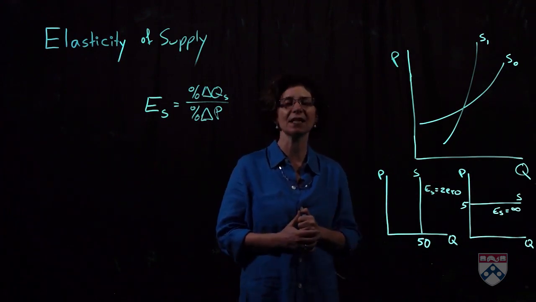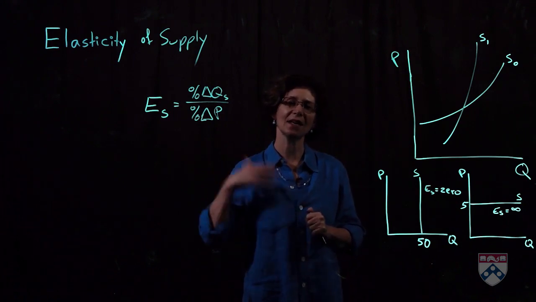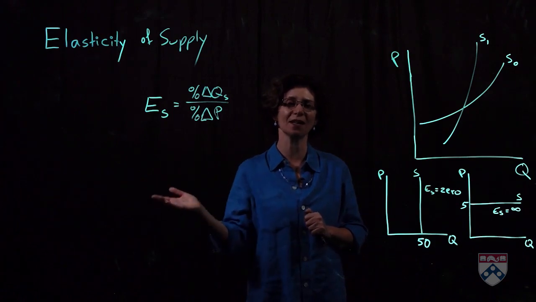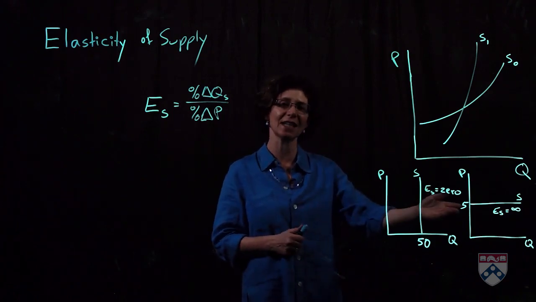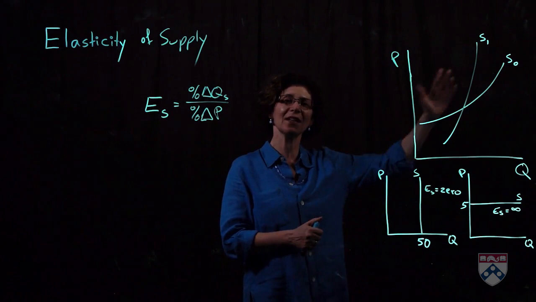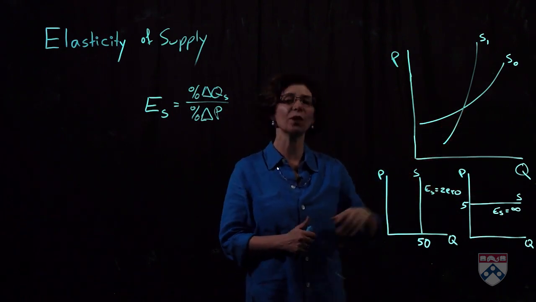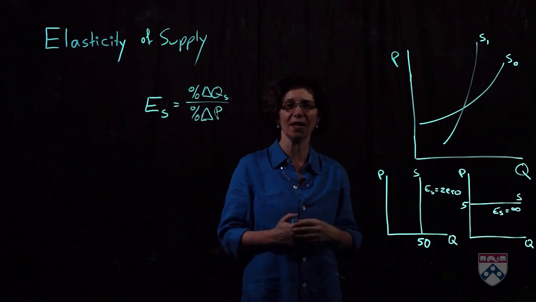And this must be an example where the seller has another outlet where they can sell their good, so another market, and they say to themselves, well, if I'm not going to sell it to this consumer, I can go ahead and sell it somewhere else. And that's why they're not willing to accept a lower price.